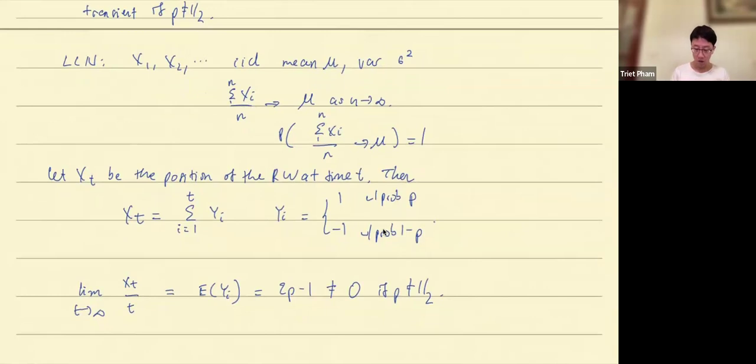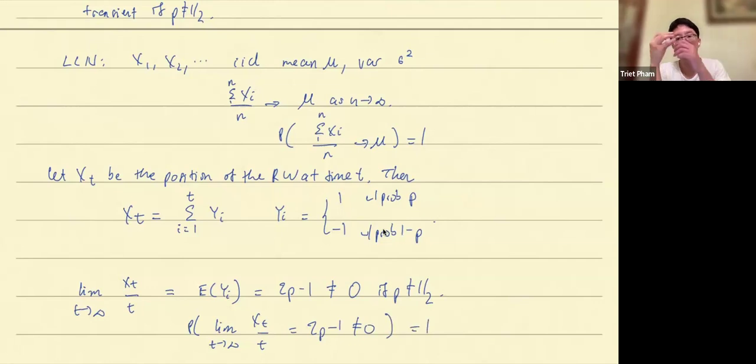So here it says that with probability 1, the average position of the random walk will be 2p minus 1, which is non-zero if p is not equal to 1/2.